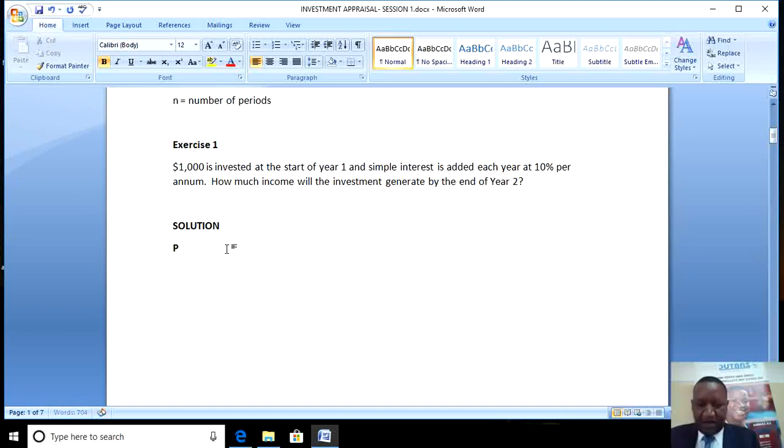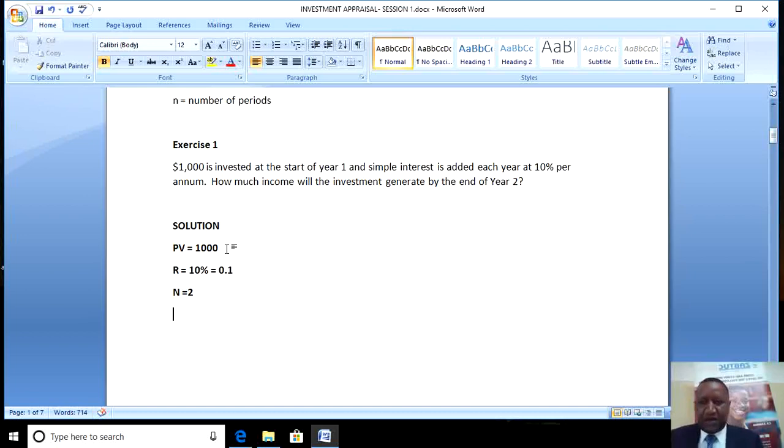We have the PV, the amount of money invested now, that's 1,000. We have the rate given, R is 10%. Convert that to a ratio, that is going to be 0.1. What else do we have? We have N, which is 2 years.